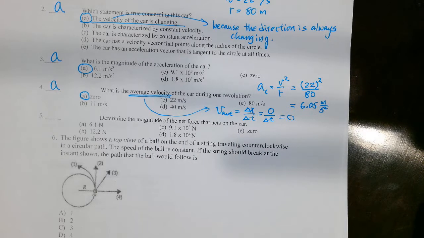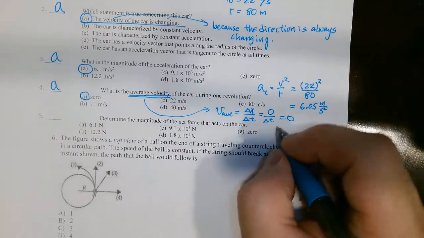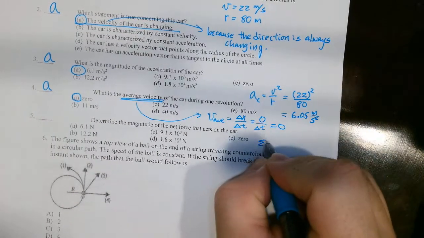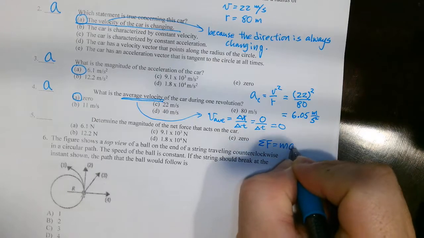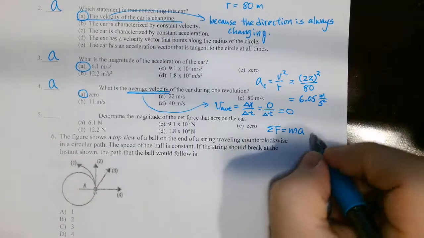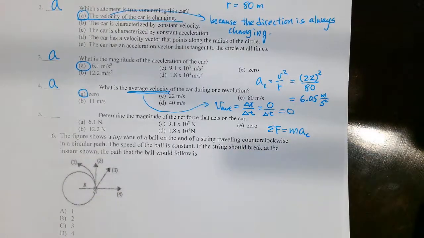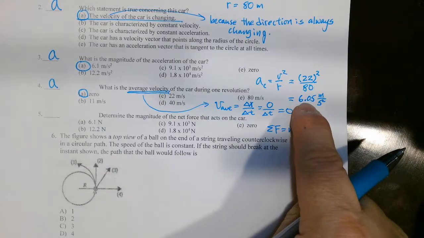Number 5, determine the magnitude of the net force acting on the car. Well, we know the net force is equal to ma. And since there's only one acceleration, which is a sub c, we already know what that is.